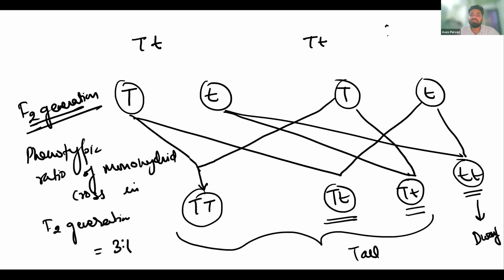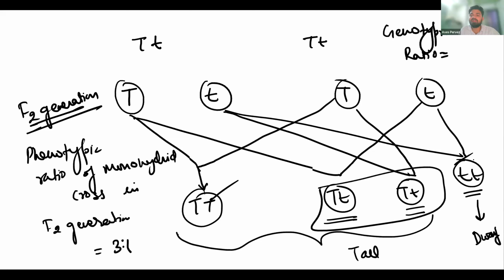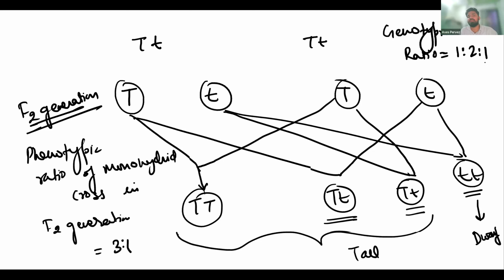But the genotypic ratio is different. You see here, this one is tall, and it is different from these two. So these two are similar and these two are different. So the genotypic ratio is 1:2:1. Got it, everybody?